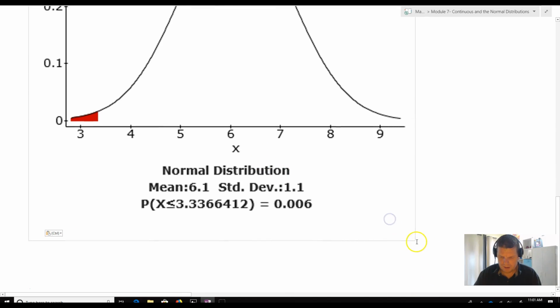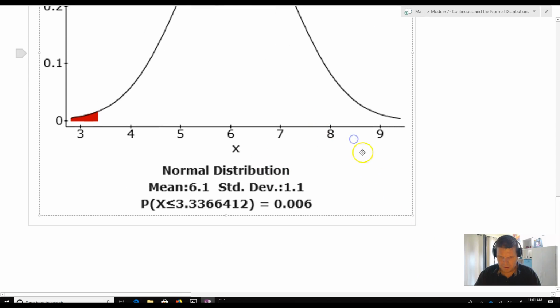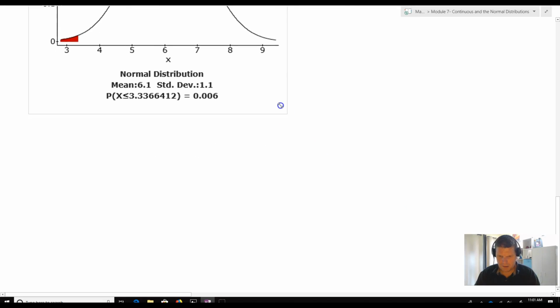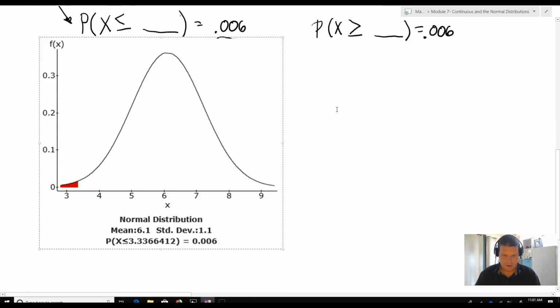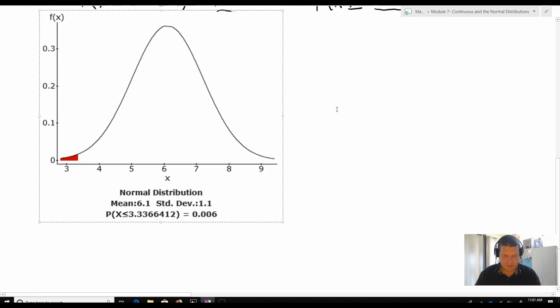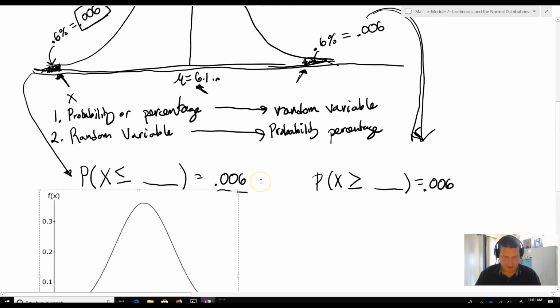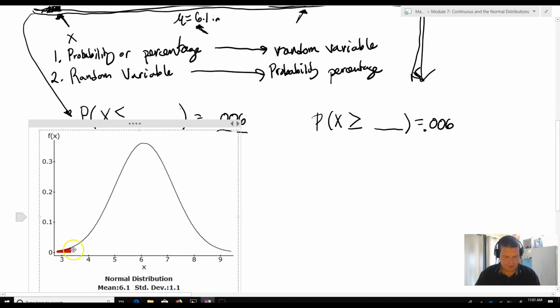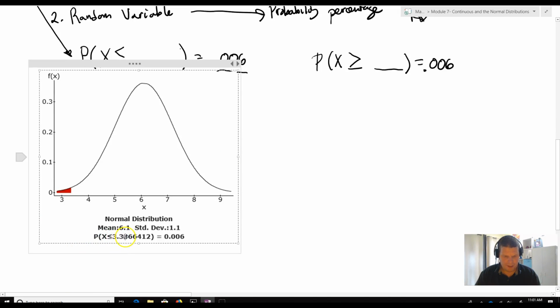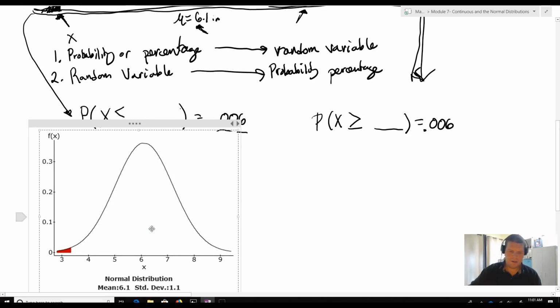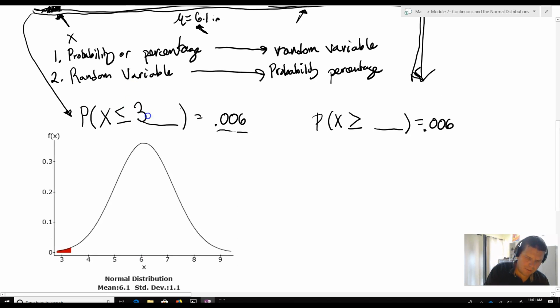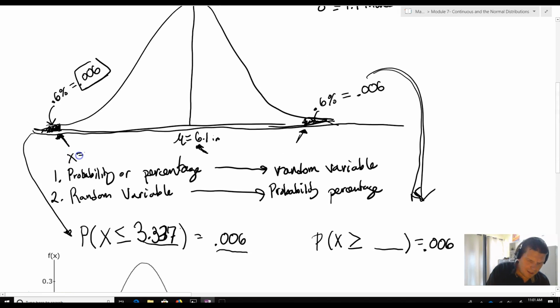What this picture tells me is that the value of the random variable I'm looking for is 3.337. So x is equal to 3.337.